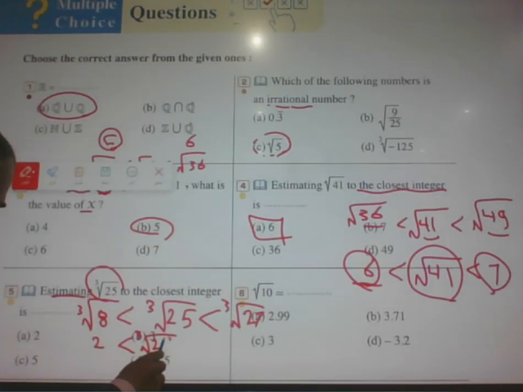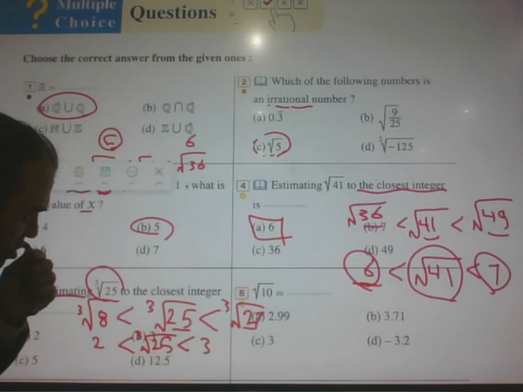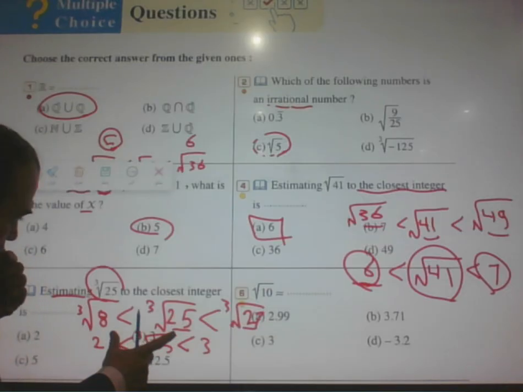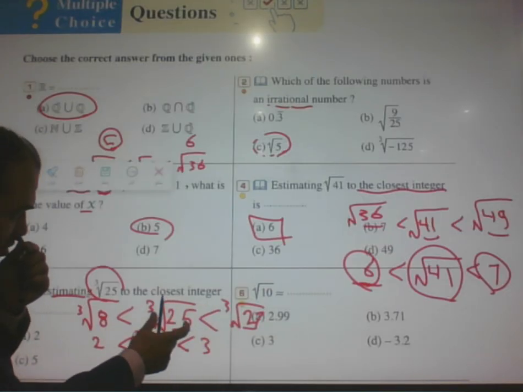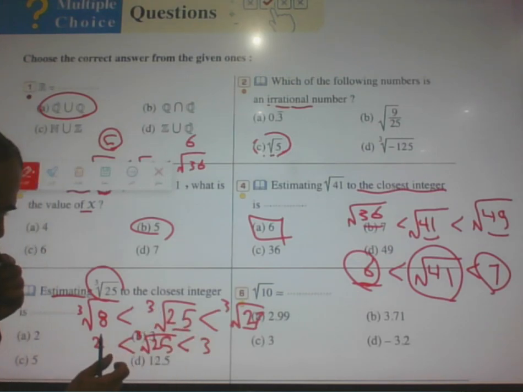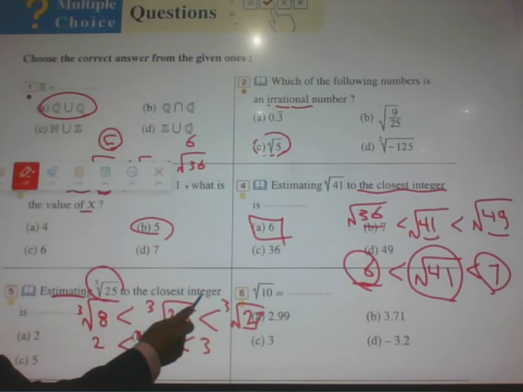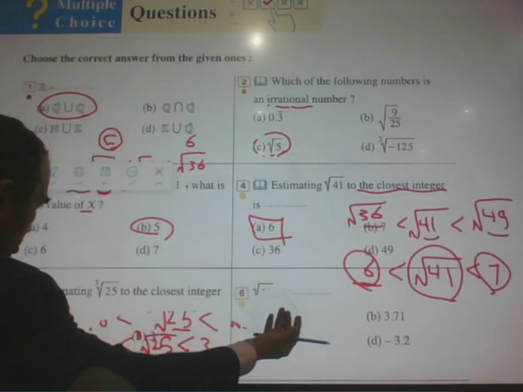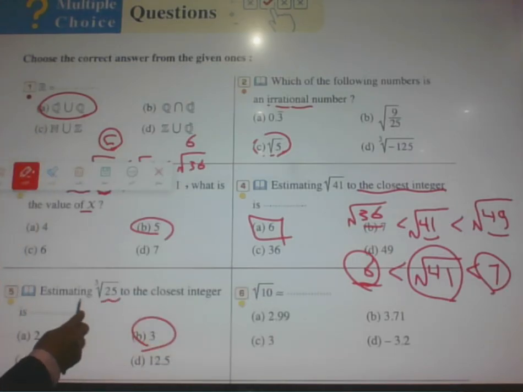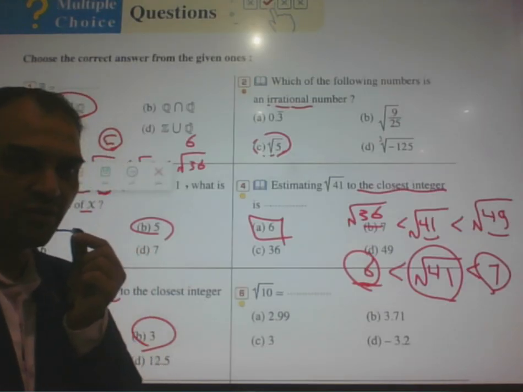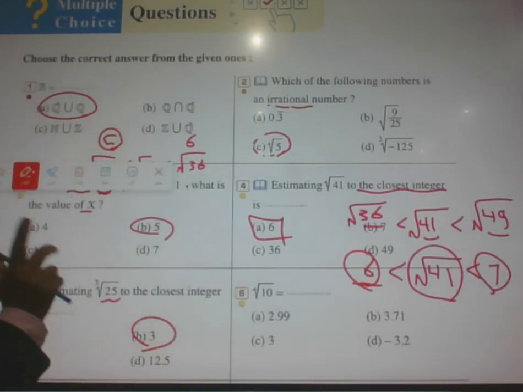Cubic root of 25 lies between them, but 25 is close to 27, and there is a long distance between 25 and 8. So the estimation of cubic root of 25 is 3, because cubic root of 27 is near cubic root of 25.